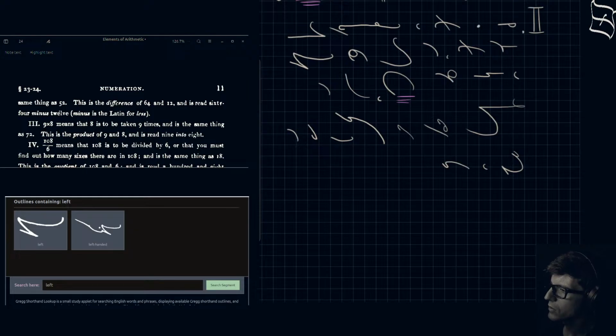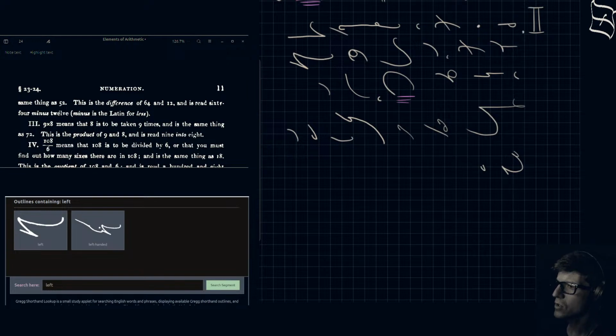So the symbol used to denote or show the operation of subtraction.